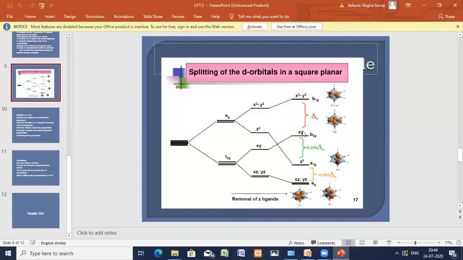Now, coming to the next one, high spin complex. If the d orbital of the valence shell, that is the nd orbital of the central metal ion, is used in the bond formation, hybridization, then the complex is known as outer orbital complex, or the high spin complex or spin free complex.